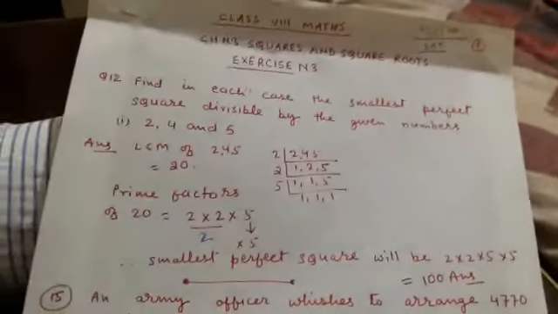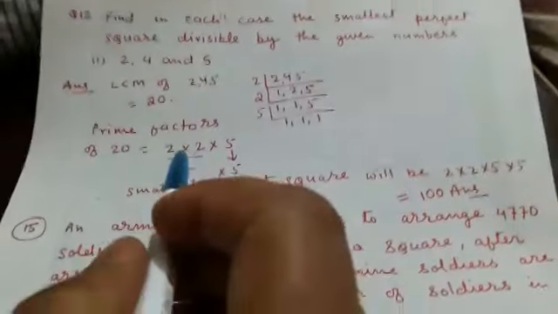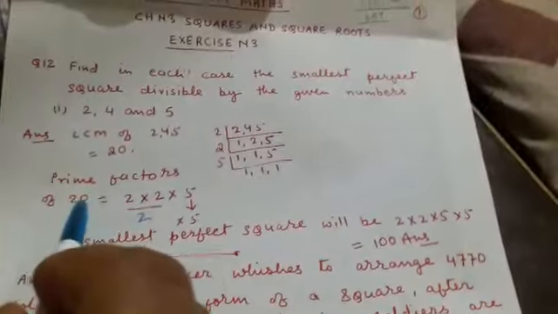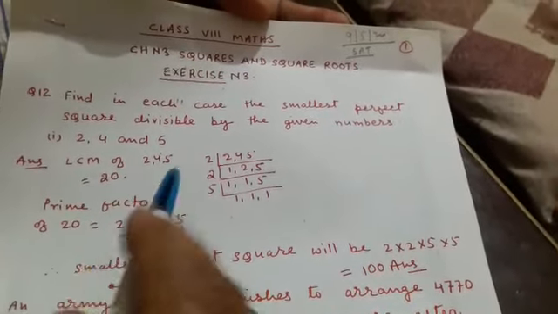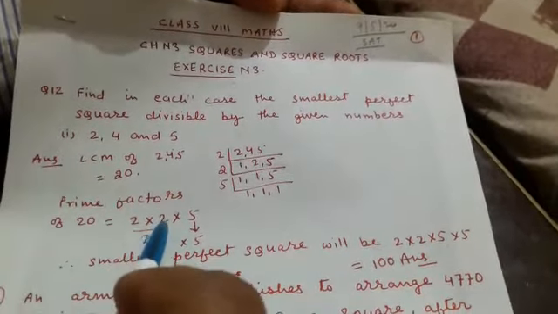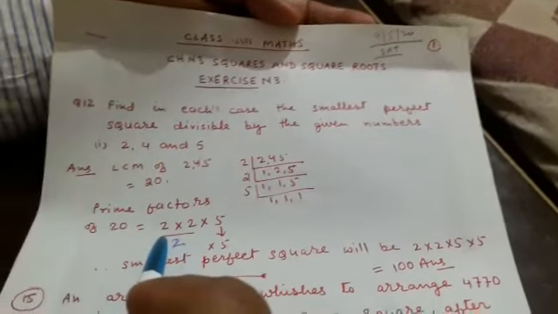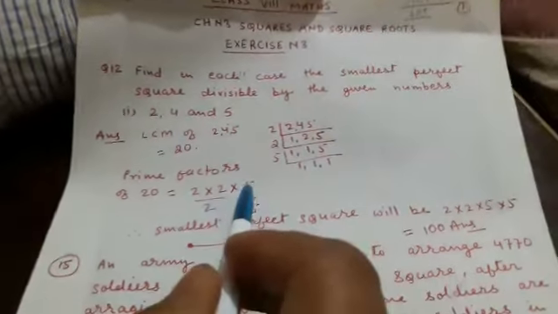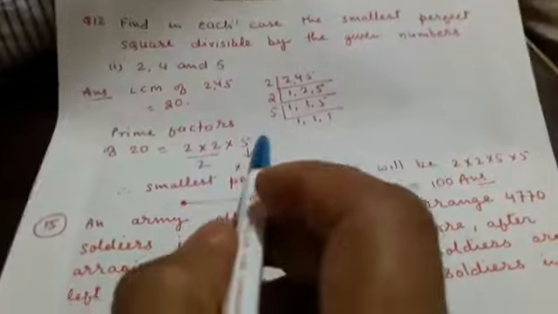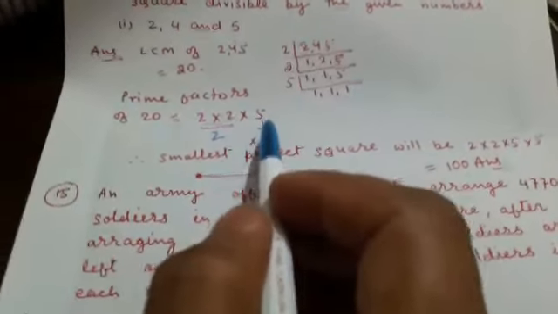Now we will make pairs of these prime factors. What are the factors of 20? 2 into 2 into 5. Here we get a pair of 2, but 5 is remaining alone. So to make a pair of 5, we have to multiply by 5.